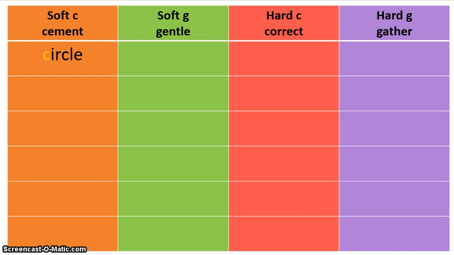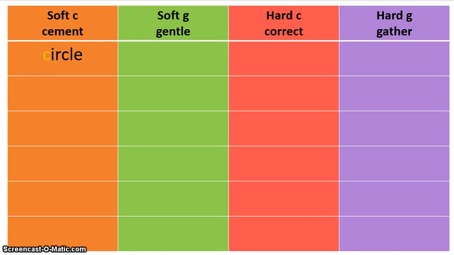This column is going to be filled up. So that will give you a hint on how many words you have to go find. So now what I want you to do is look at all of your words, and find the words that begin with the soft C sound. After you're done with that, you can start your video up again.